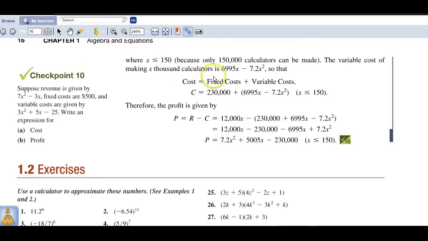But since there was some fixed cost and variable cost, we have to figure out what our fixed costs are, our variable cost, and then using this formula, and you'll have to write it out to get the practice of it, you eventually end up with your profits.